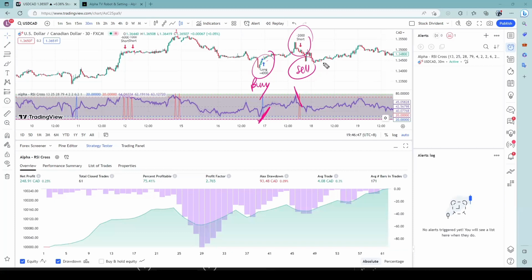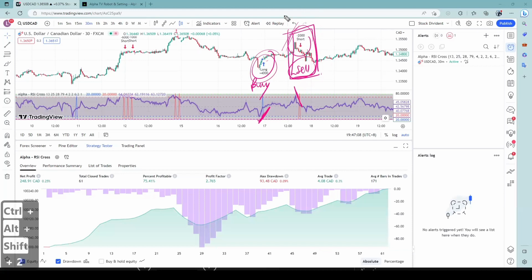Or if you would like to catch the entire trend, you can just trend follow this. You would like to sell, so you just focus on selling. Just wait for the sell signal. Buy signal, just don't do anything. Is that clear to everyone?